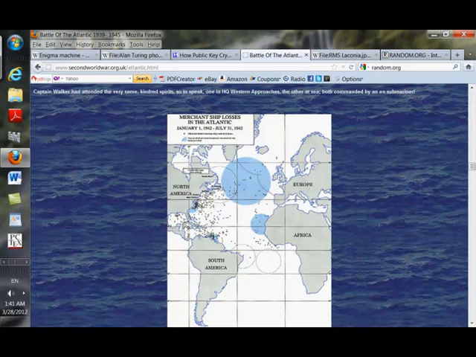But between the United States and Great Britain, there was here the so-called gap that was not protected by aircraft. And over there, there was not a sufficient number of escorts to protect the Allied convoys.